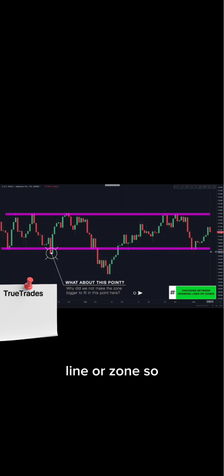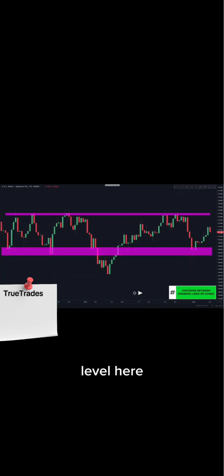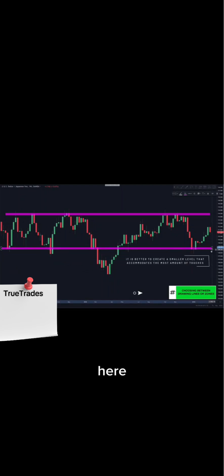Because let's say you were to draw this big zone here to accommodate for this low here. One, it looks terrible, and two, you'll end up confusing yourself with such a large area, as it gets even worse once you start using multiple time frames. So instead, we opt to create a smaller level that accommodates the most levels that it can touch.